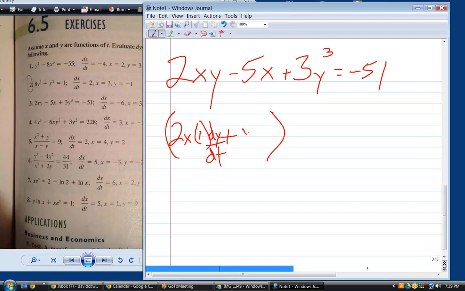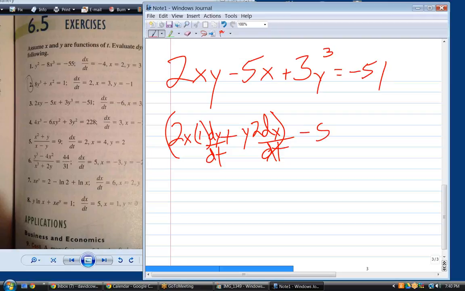Plus y, and then 2 dy/dt, or dx/dt. dx/dt, exactly. In other words, because we weren't taking the derivative of y, we don't need to follow that with a dy/dt in this part here. Okay, now the rest of it's fairly straightforward.